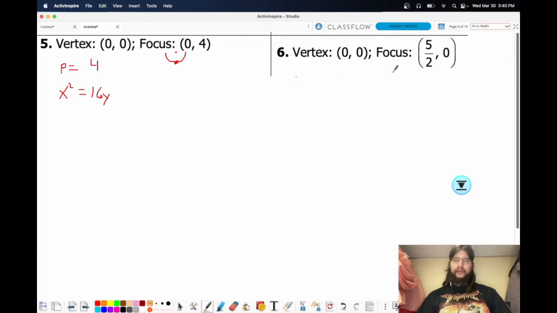All right, so again, plot your vertex, and then your focus. This time, that's going to be to the right. So I'm opening this way. That makes P positive, and it's 5 halves units away, so I'm going to go decimal, 2.5.